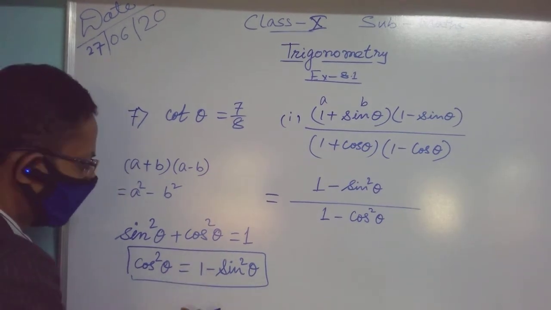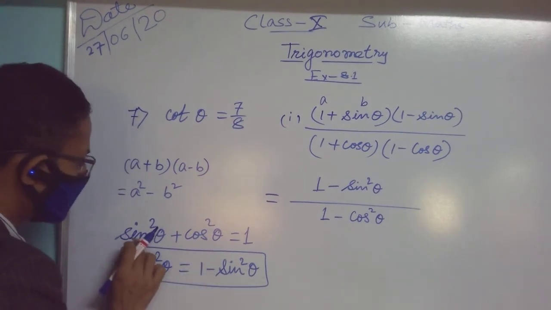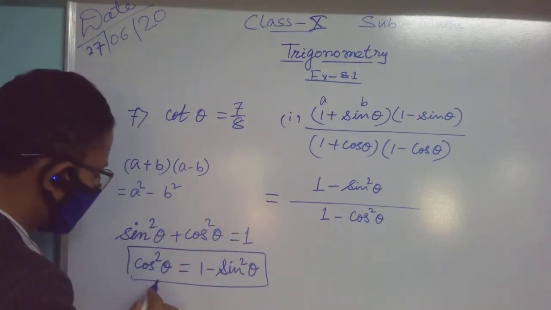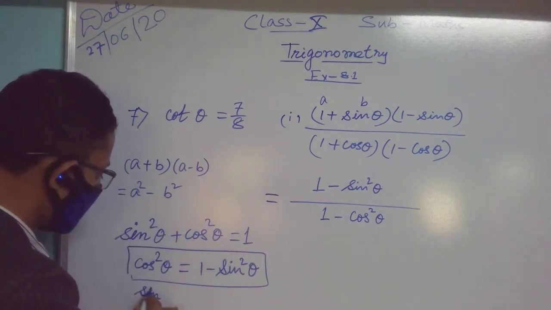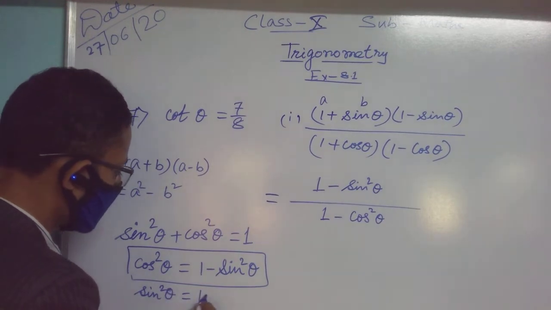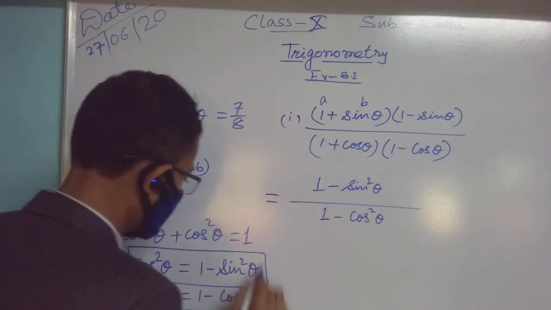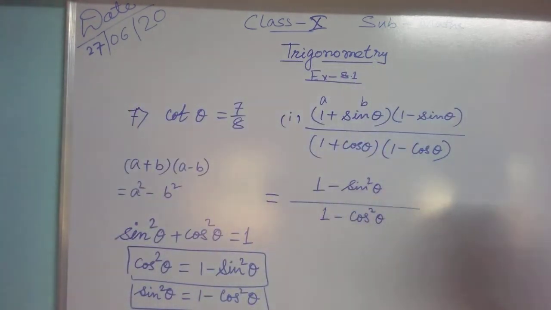And with the same logic, if you keep sine square theta on the left hand side and transpose cos square theta to the right hand side, sine square theta is equal to 1 minus cos square theta. We have got two relations.